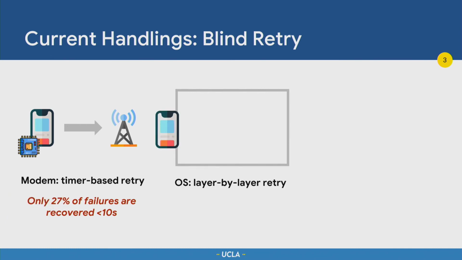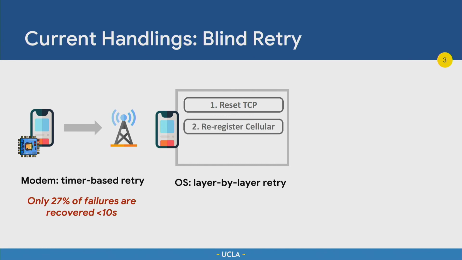Furthermore, beyond the modem, the OS also takes some of the handling. For example, Android takes layer-by-layer retries. When the failure happens, it will first try to reset all the TCP connections, and if it still cannot work, it will try to re-register to the cellular network. And last, if it still cannot work, finally, it will try to restart the modem to see if the failure could be solved.